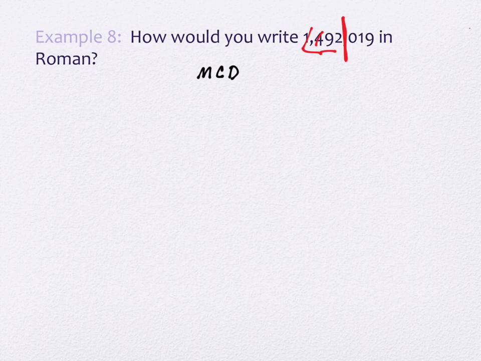I had a lot of 90s in this lesson. How do I get 90? XC. And then how do I get a 2? II. But all of this is in the thousands place, right? That's where I drew my vertical line and ended this. So all of this has a horizontal bar above it, indicating that I'm multiplying that by 1,000.